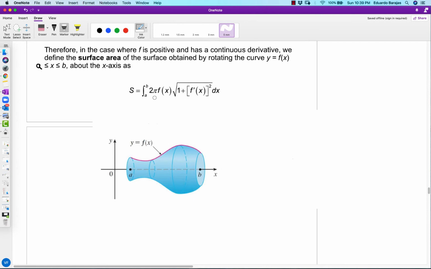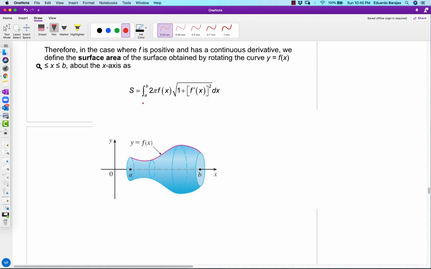So it almost feels a lot like the surface area of a cylinder, for example, where you'd find the circumference of a circle and then multiply it times its height. This almost feels the same way, right? If you think of some circle, this could be the circumference of one circle, where f of x represents the radius of it. Let me write down what I mean.